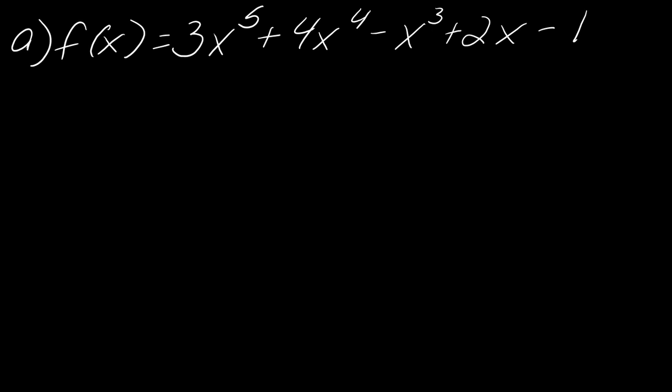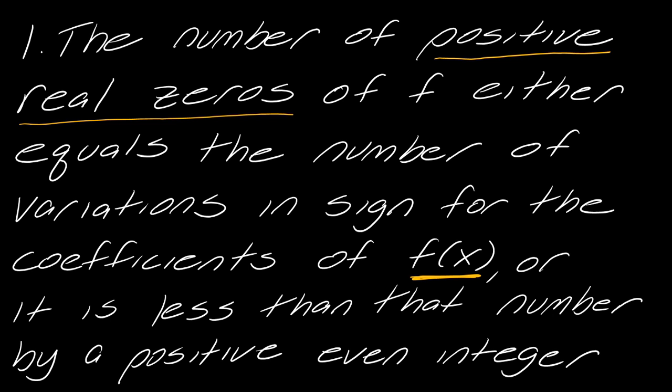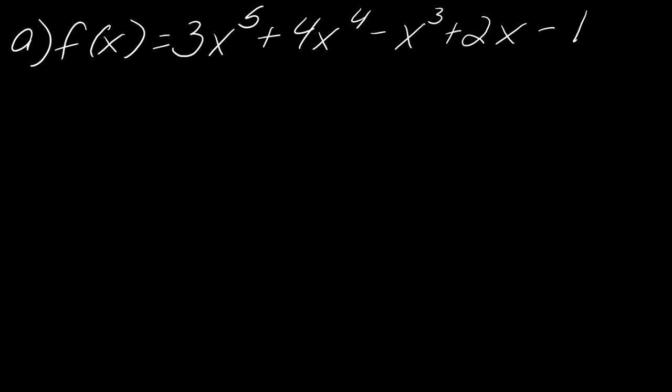I have this polynomial, and we've already got it in terms of f of x, so it's already set up for the first test. Remember, this is the test to help us determine the possible number of positive real zeros. I'm going to count sign changes. This is positive and this is positive, so no sign change.